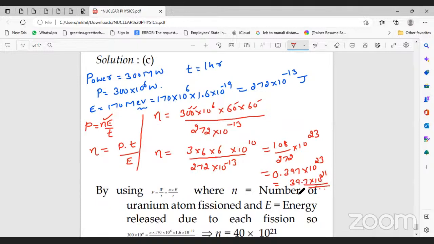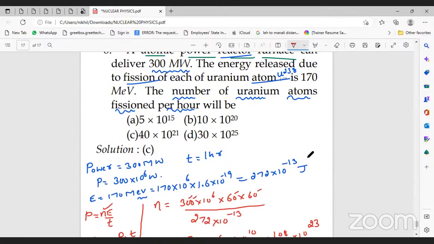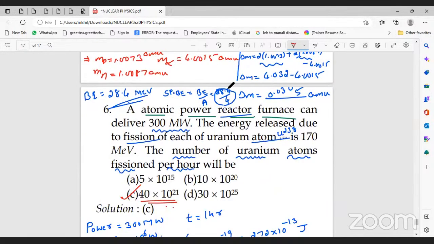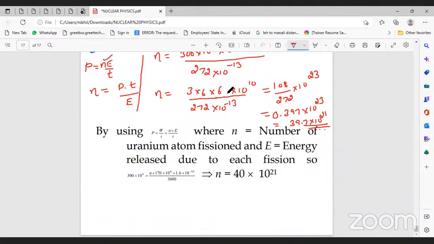So 39.7 means approximately how much? You can cross check that. It is close to 40. So 40 into 10 power 21. This is how we calculate the number of uranium atoms which are fissioned per hour.